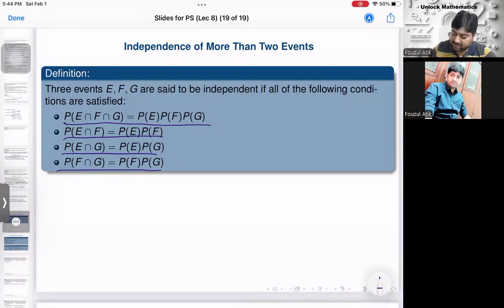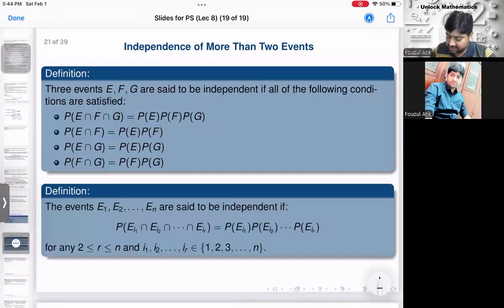Now if you have n events, we can certainly extend this. The probability of their whole intersection should equal the product of their individual probabilities. Then you extend this result: if you take any 3 of them, the intersection probability should also be the product of their 3 probabilities, then 2, like all possible combinations from 2 to n.